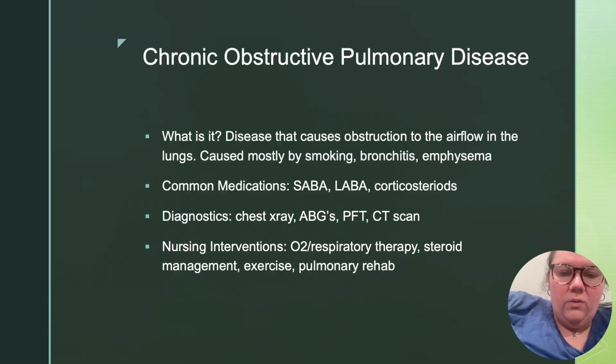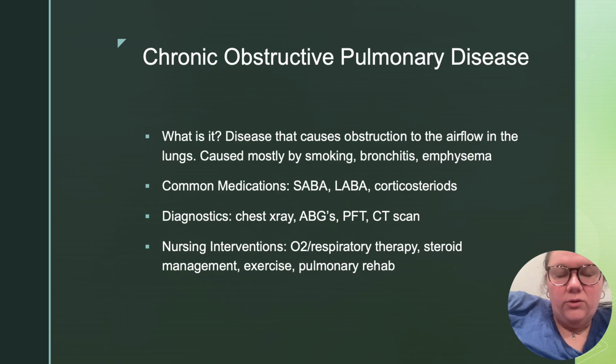With diagnostics, we will typically see a complete blood count, a basic metabolic panel. We see ABGs just because we want to make sure that they aren't progressing towards respiratory failure. Chest x-ray, CT of the chest.